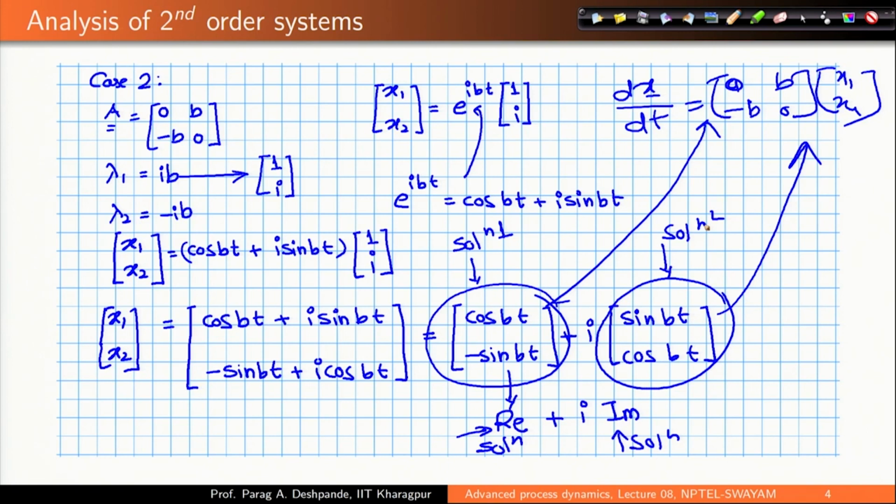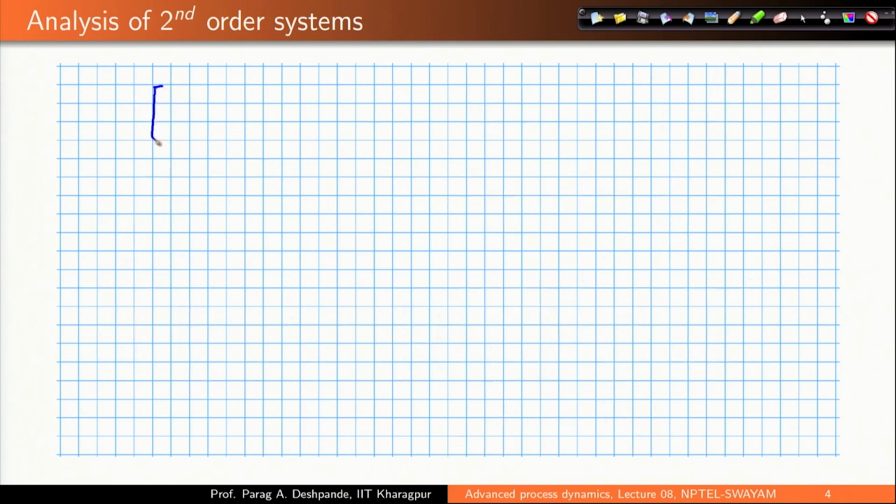Okay. So, let me do one thing, let me write this here, solution 1 as [cos b t; minus sin b t] and solution 2 as [sin b t; cos b t]. So, V 2 is a solution and V 1 is also a solution.